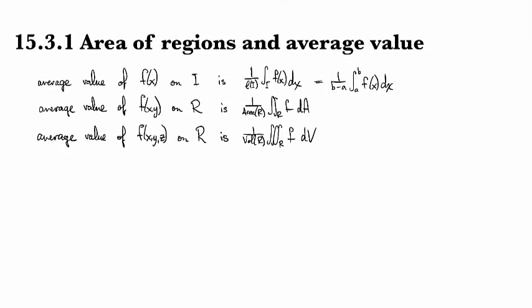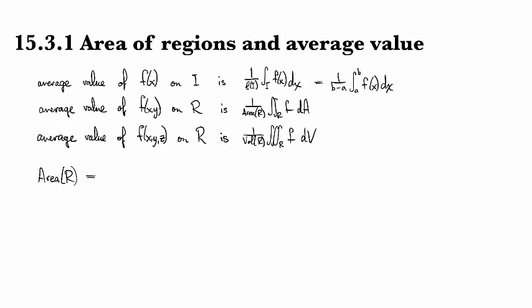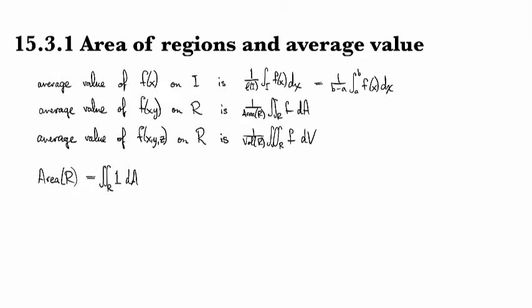All right, so how do we actually compute the area? If we want to know what the area of the region R is, we can set it up as the double integral of just the function 1 with respect to the area element. So what's going on here? Well, look at the following picture.